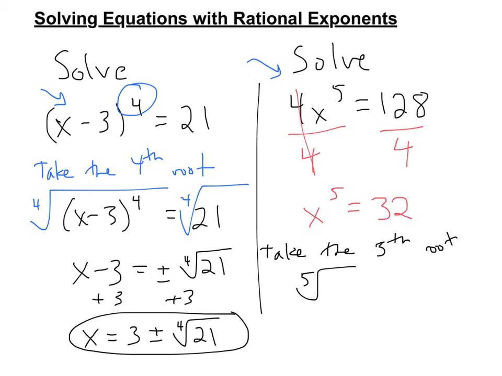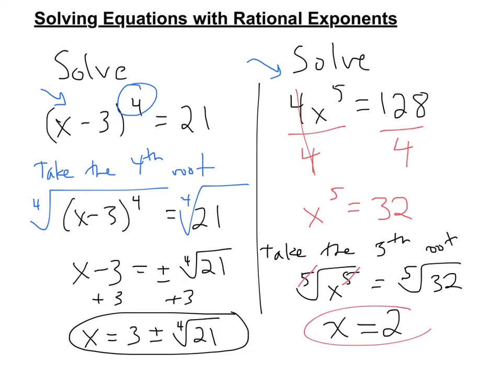So when we do the fifth root of x to the fifth equals the fifth root of 32, that will simply give us x on the left-hand side. All right, when the index is equal to the exponent, the radical will cancel out or be nullified. And on the right-hand side, we simply have what number to the fifth power will equal 32? And you might have to think about that for a second. Try a couple numbers, but it turns out to be positive 2 as the only number that will work.